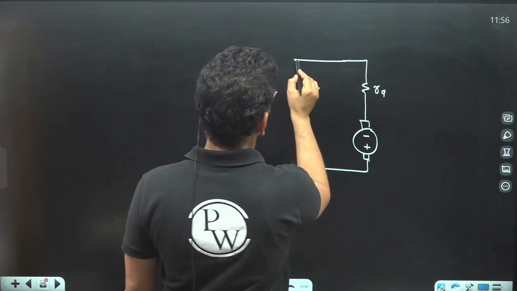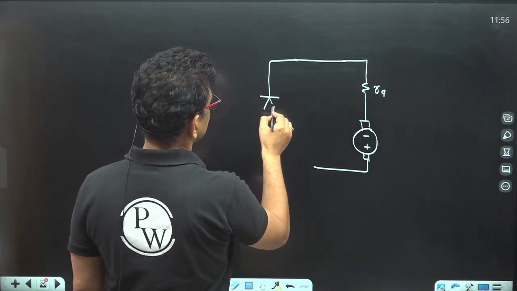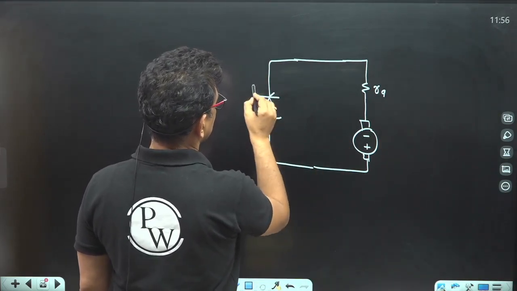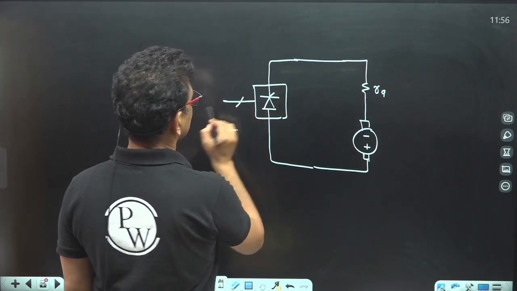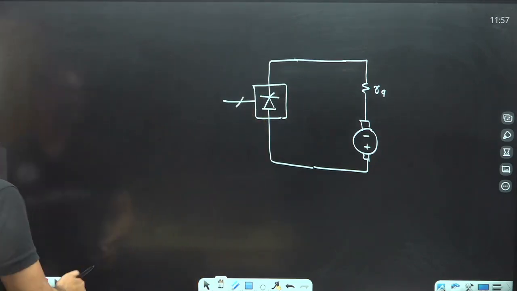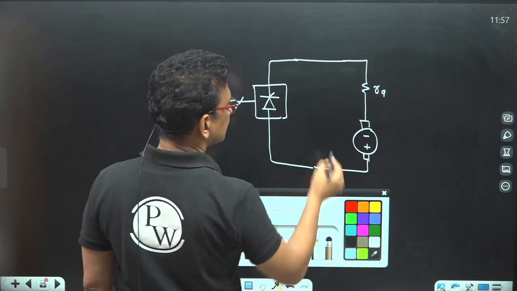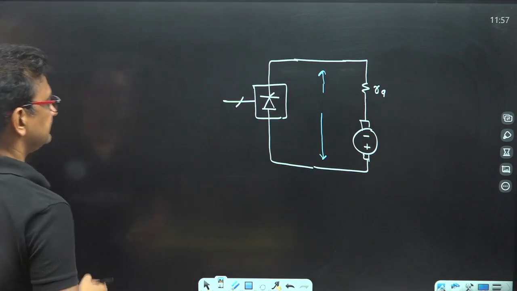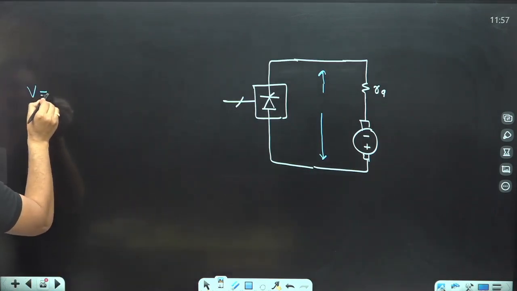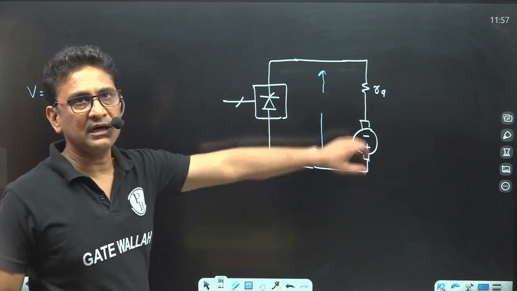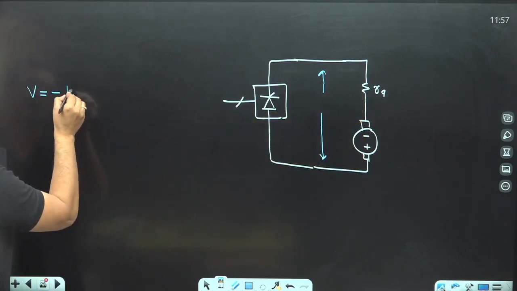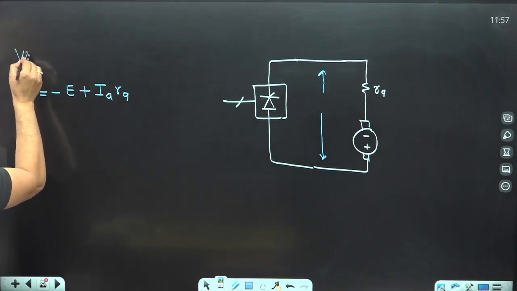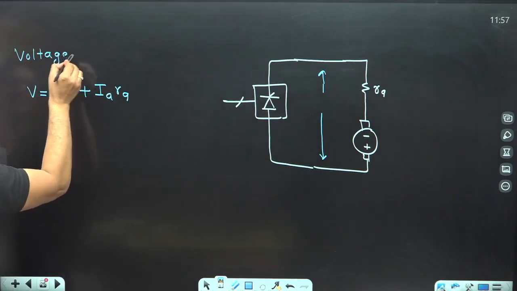Now it is coming through a single phase full bridge converter. So what is the voltage here? The voltage V across the armature becomes minus E plus IaRa. That is the voltage across the armature during regenerative braking.